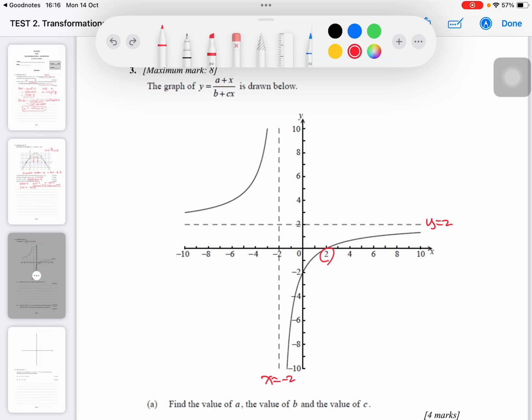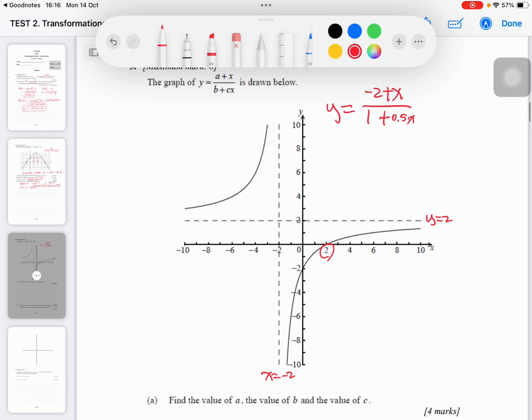So a should be -2 to make the x-intercept 2. The y-intercept is 2, so maybe c is 0.5. C is 0.5 to make it 2. And for the y-intercept -2, this should be 1. So in this case, the x-intercept is -2. So this is the one. So a is -2, b is 1, c is 1/2 or 0.5.